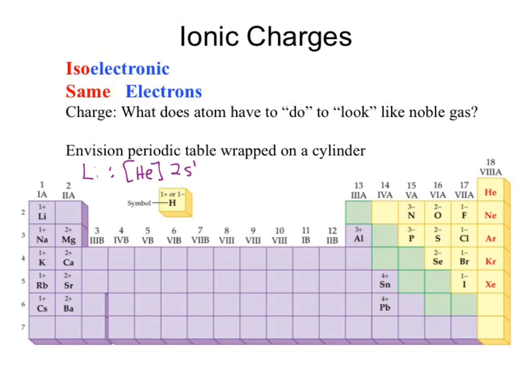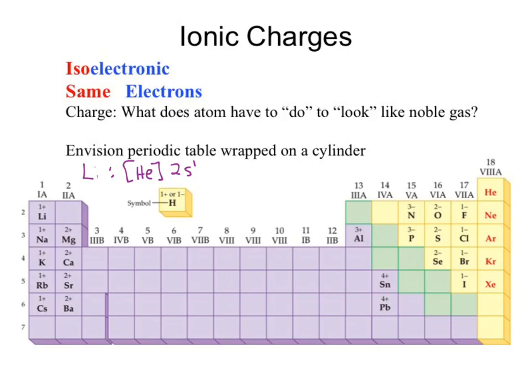Okay? So if we take a look at lithium, it wants to look like a noble gas. It could either look like helium by getting rid of an electron, or it could look like neon by adding 7 electrons. Which is easier? Looking like helium. Get rid of that 1 electron. What happens? Lithium becomes +1. What happens when we move across the periodic table?